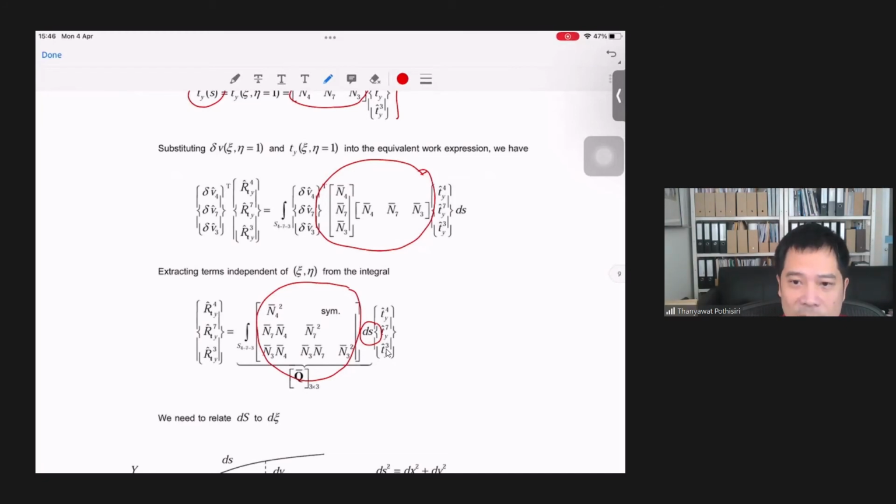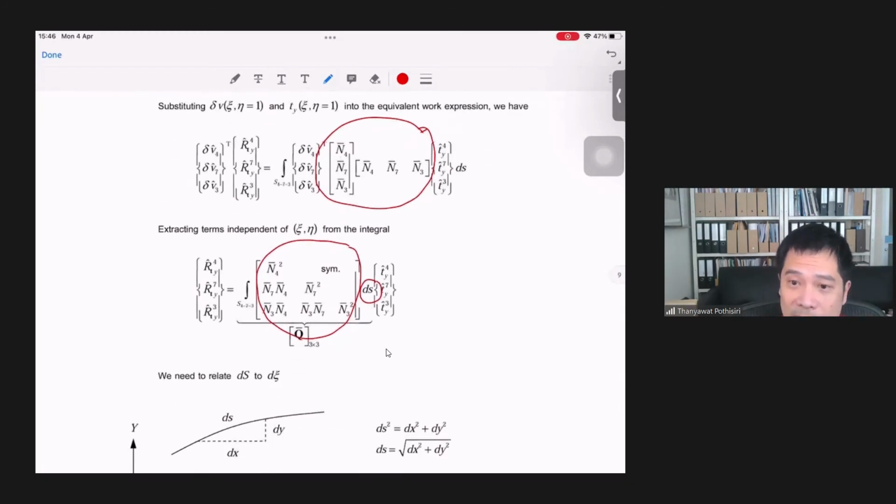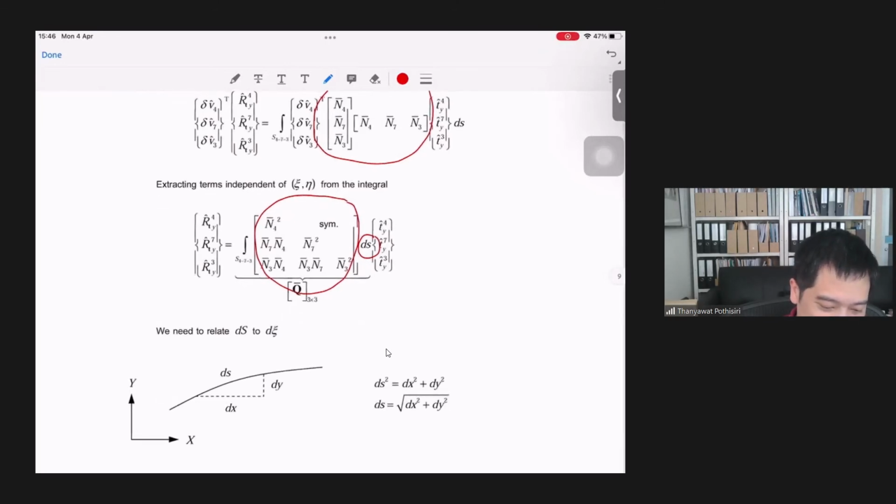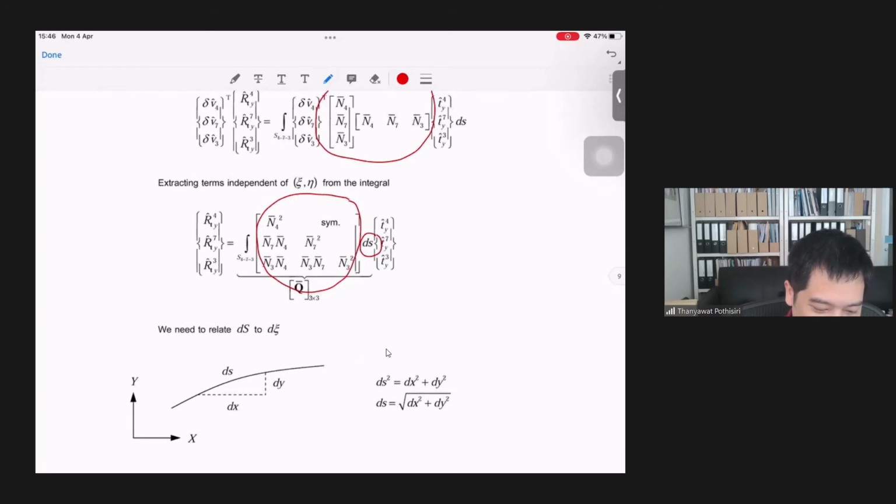In order to do so, you need to be able to somehow write ds in terms of xi and d-xi. Normally for any curve in a Cartesian coordinate system, we can find this relationship.